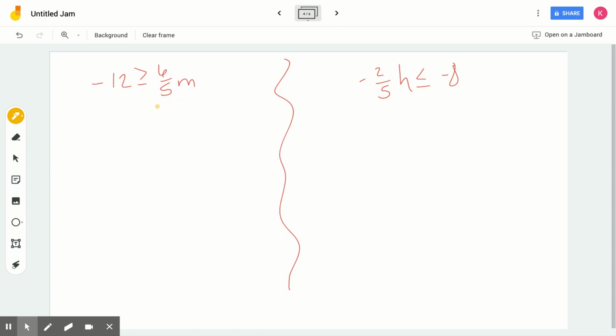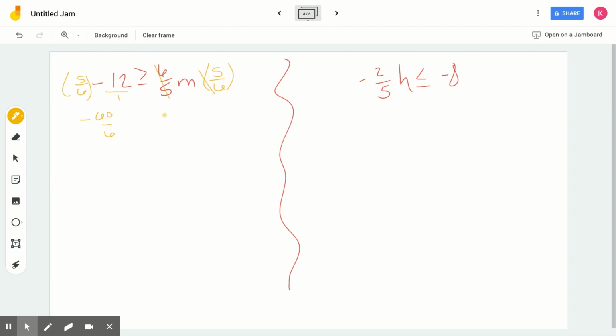With number 9, instead of multiplying by 6/5, the opposite would be to divide, but since we have a fraction, we must multiply by the reciprocal. So multiplying by 5/6 on both sides. Now, positive times a negative is a negative. 5 times 12 is 60. 6 times 1 is 6.